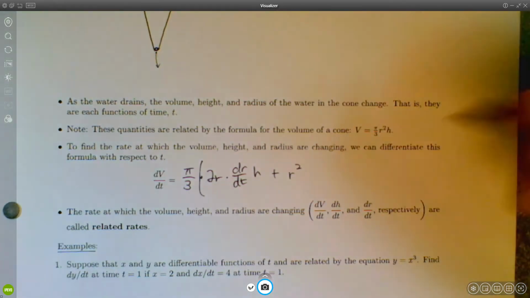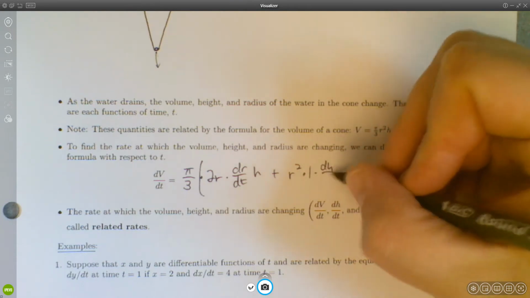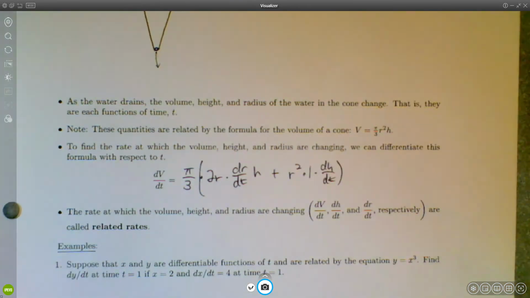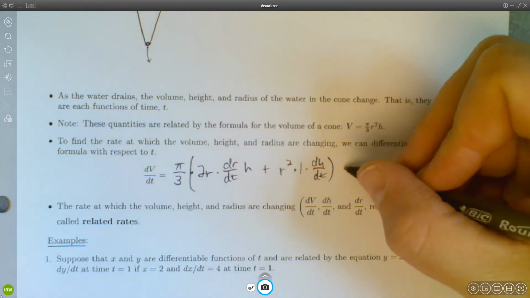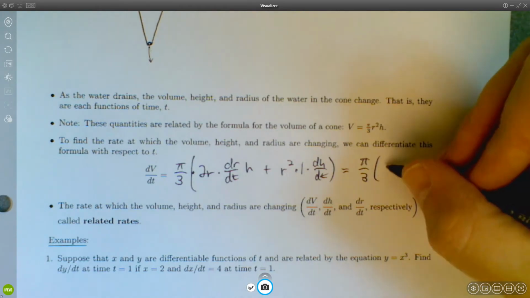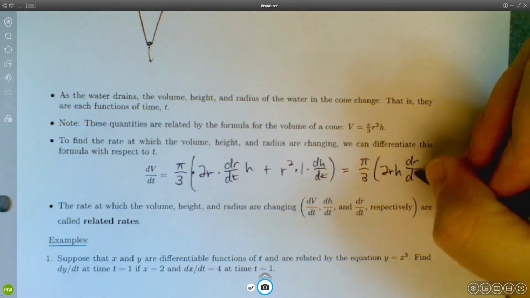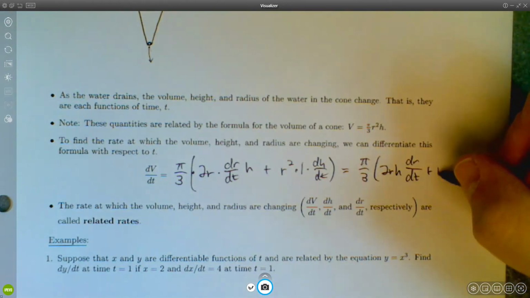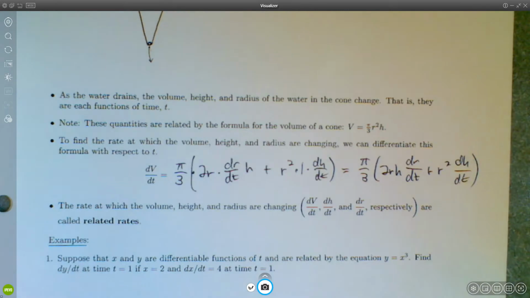The derivative of h is just 1 dh/dt. We could clean that up a little bit, I suppose. We could call it pi over 3 times 2rh dr/dt plus r squared dh/dt.